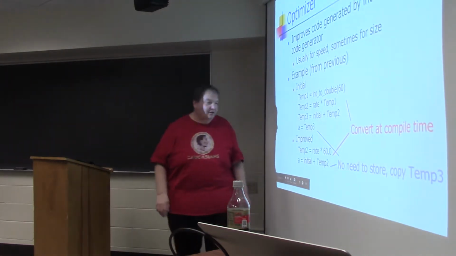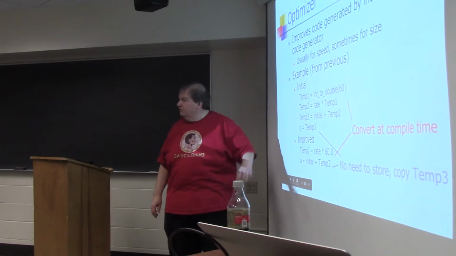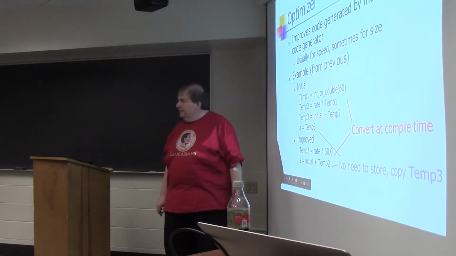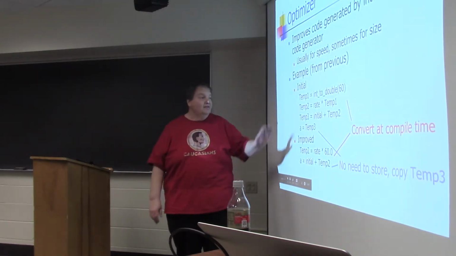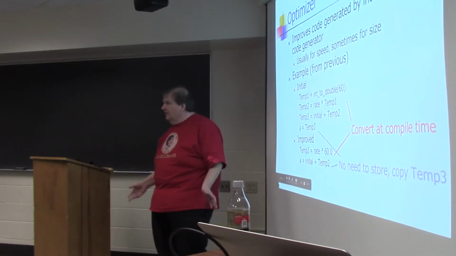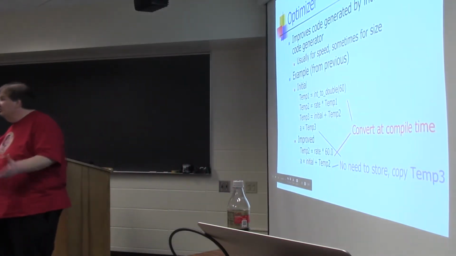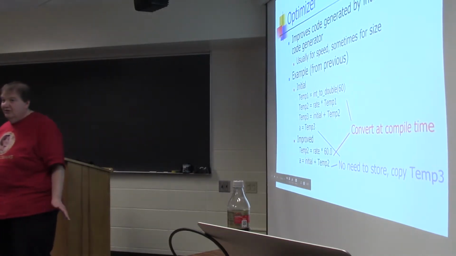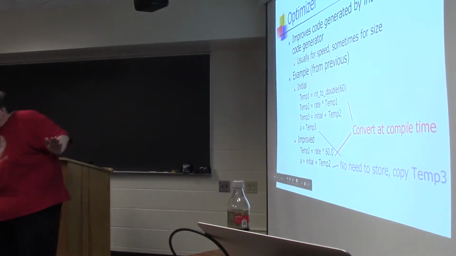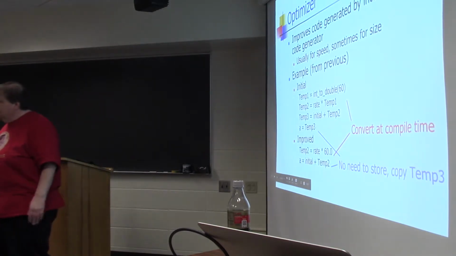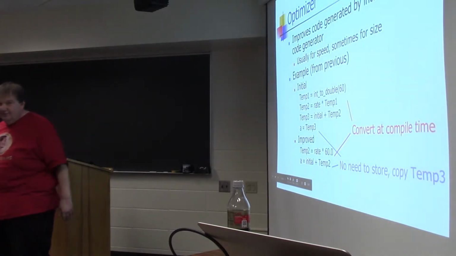I only need one local variable, and I'm down to just two instructions. Again, the automatic generation tends to be very safe. The code always works, but it uses a lot more instructions than it needs to. So we use the various optimizers to compress that down into a smaller number of instructions, which goes faster.